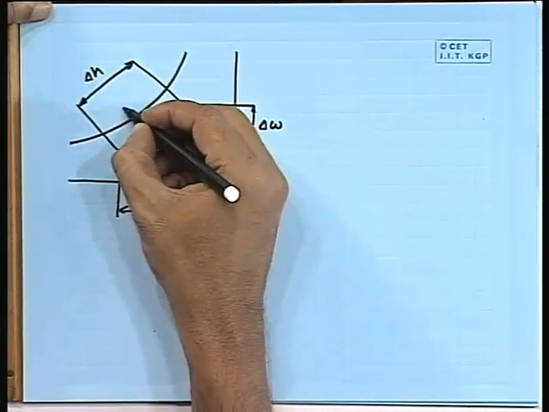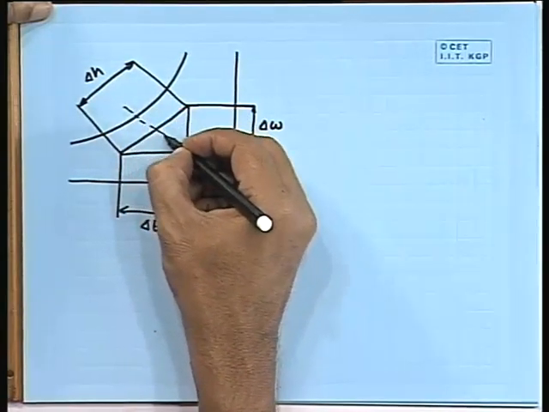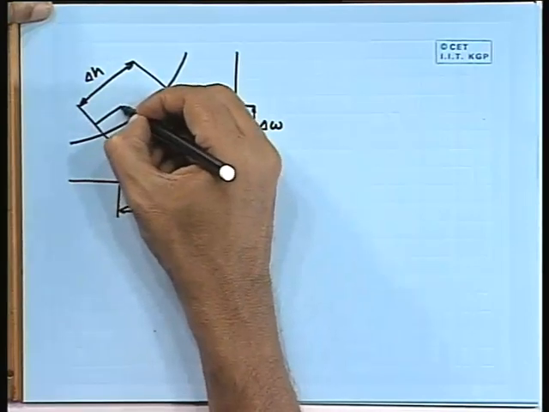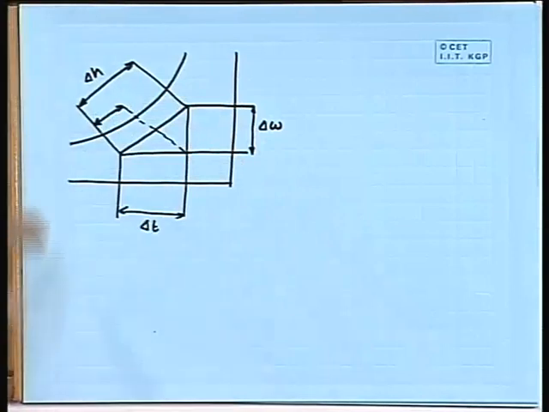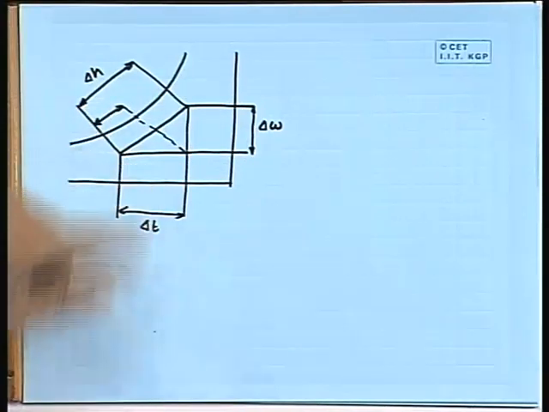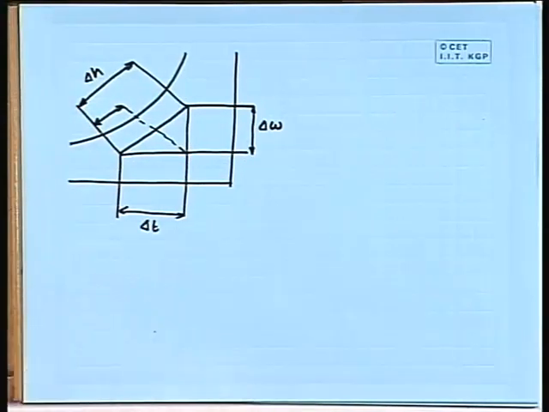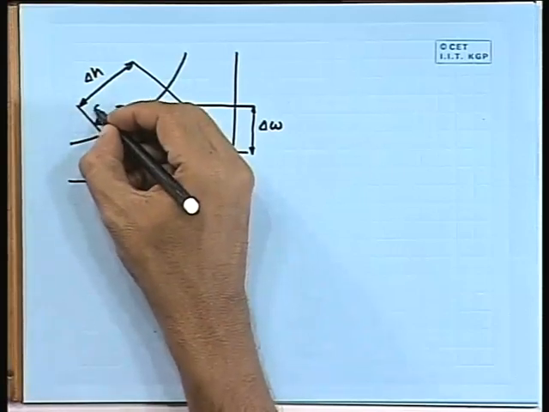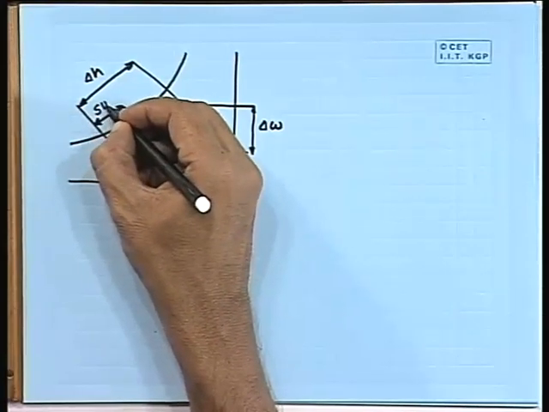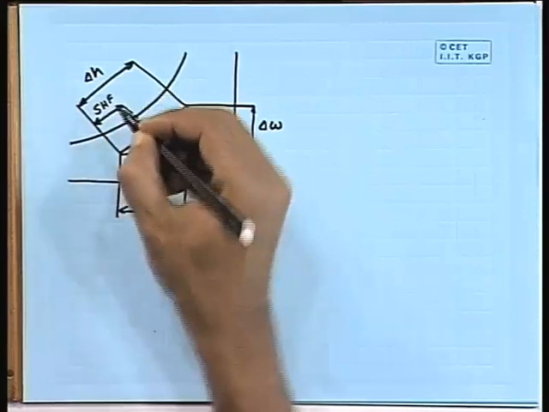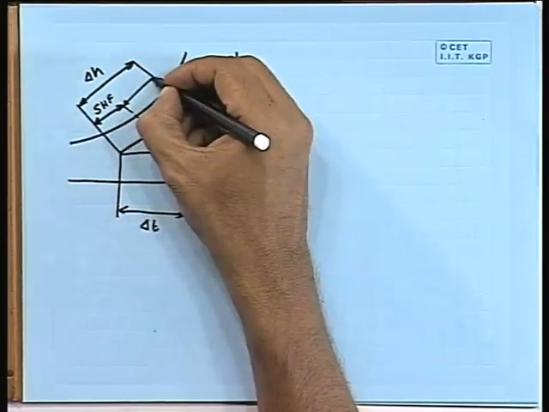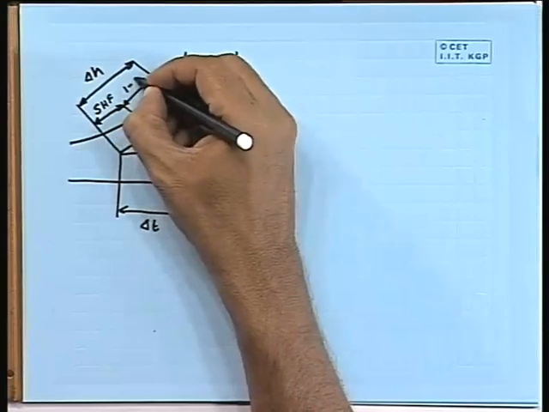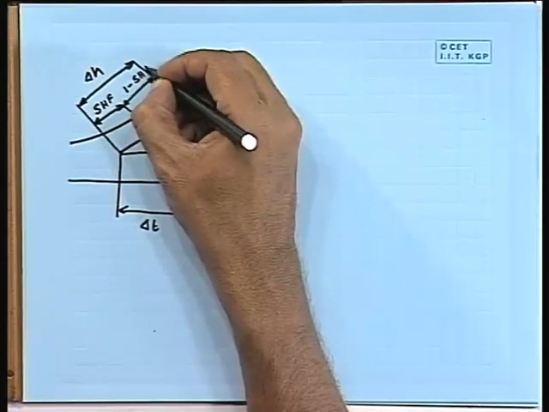Well, you see, this is the change in enthalpy due to the change in dry bulb temperature. So, what one can write? This is nothing but sensible heat factor, and this is nothing but 1 minus SHF.